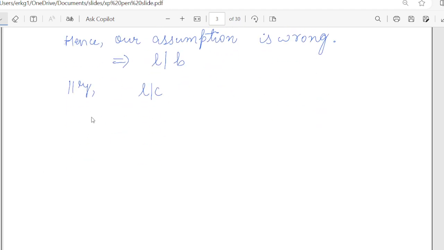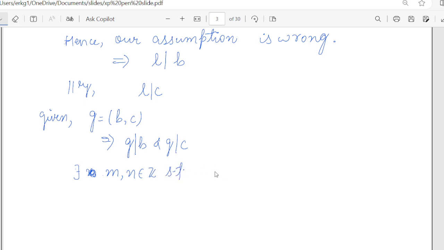Now it is given that G is equal to GCD of B and C. Given that GCD of B and C is equal to G, this implies G divides B and G divides C. Then by the definition, we take M and N belonging to the set of integers such that B is equal to Gm and C is equal to Gn, and also we take L is equal to Bx naught plus Cy naught.